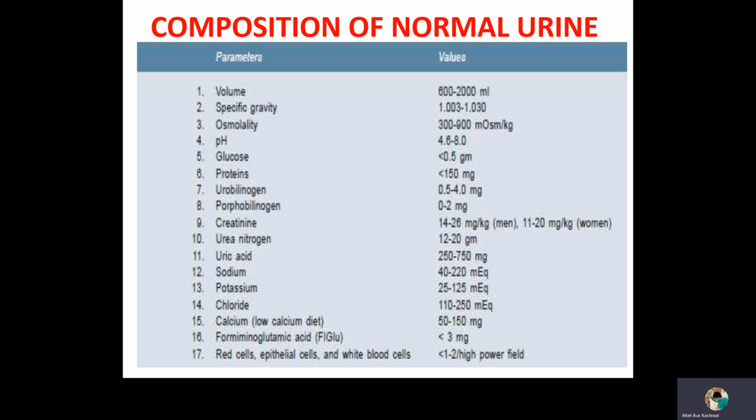In the composition of normal urine in a human, we can see the volume might be from 600 to 2000 ml, which may vary in animals from species to species. So for the urine analysis we must have the reference values for comparison or for diagnosis of the diseases.